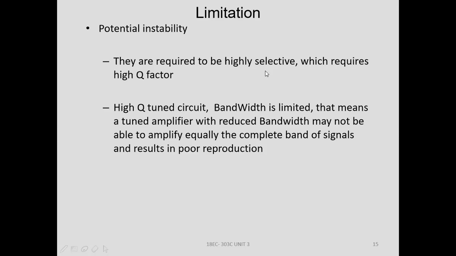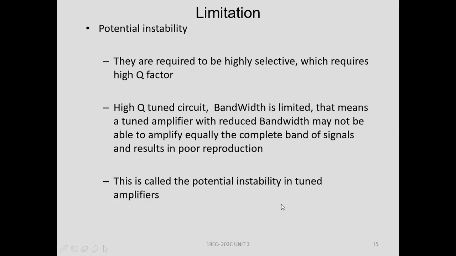For high selectivity, the Q should be high. Because of this high Q, the bandwidth is reduced and the circuit may not amplify the complete band of signals equally. Therefore, there is poor reproduction of the signal. This poor reproduction is called potential instability. This is the limitation of the single tune amplifier circuit.